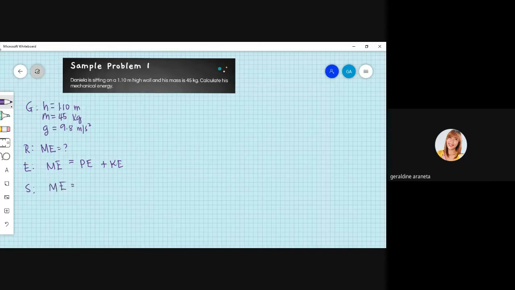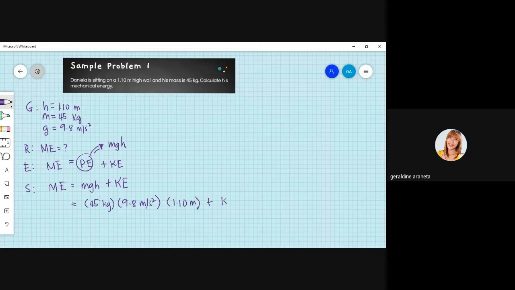ME is equal to PE, which is MGH, so we will write here MGH plus KE. Then we substitute. So M is 45 kilograms. The acceleration due to gravity is 9.8 meters per square second. And your height, which is 1.10 meters.